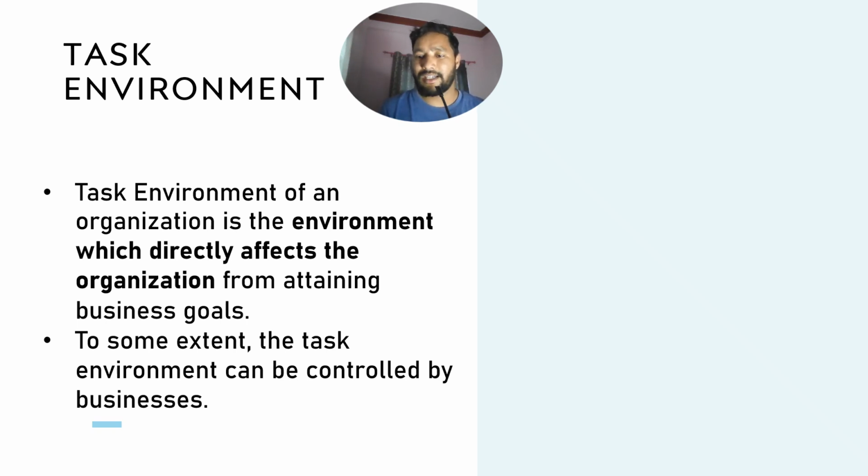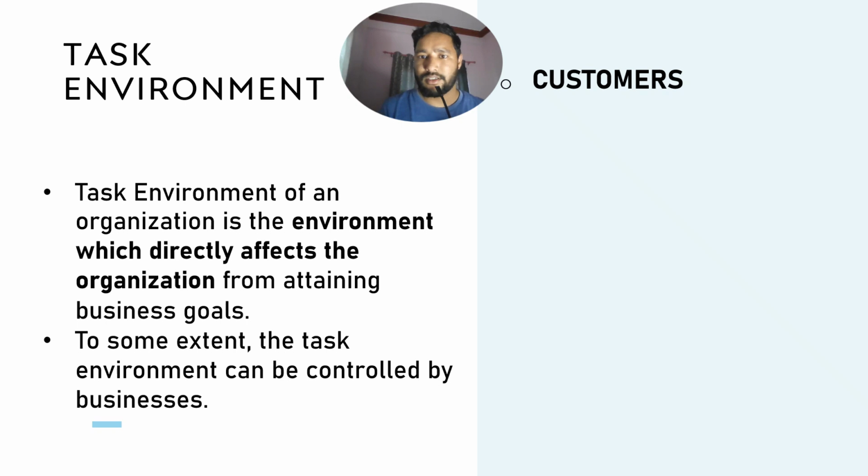Previously, we said that external environment cannot be controlled by the organization, but to some extent, not as a whole, task environment can be controlled by the business organization. Which factors are included in task environment? We are going to see those points one by one.